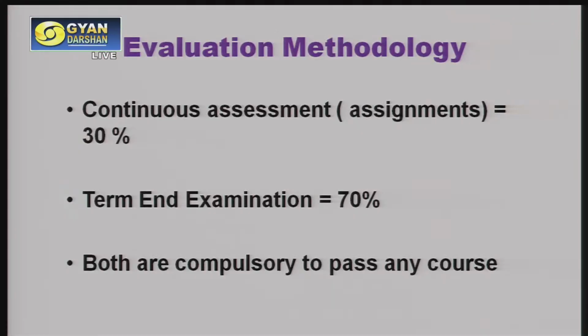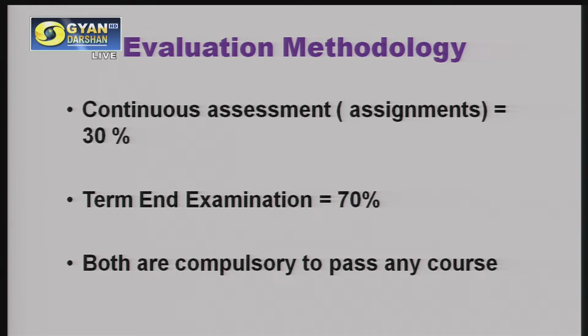So after this, it is also important to share with you how the evaluation of each course and the program will take place. Like any other program of the university, it has two components. One is continuous assessment, which is done with the help of assignments, which are available on the IGNOU website. And the other component is term-end examination, which is held twice a year during one academic calendar.